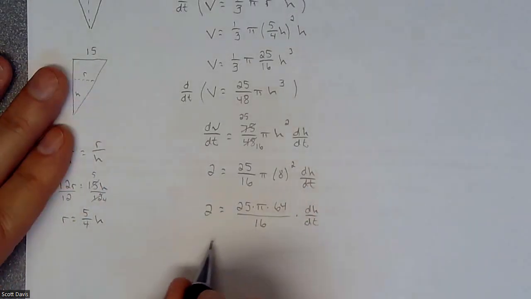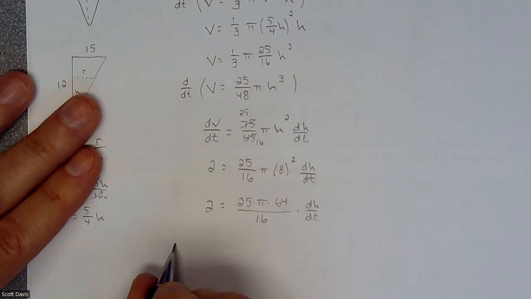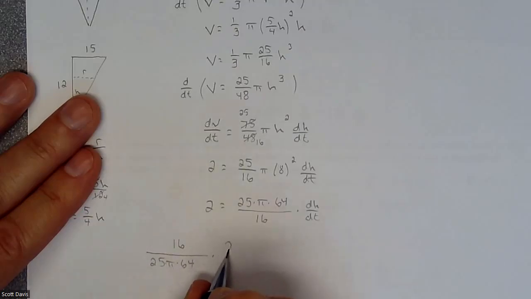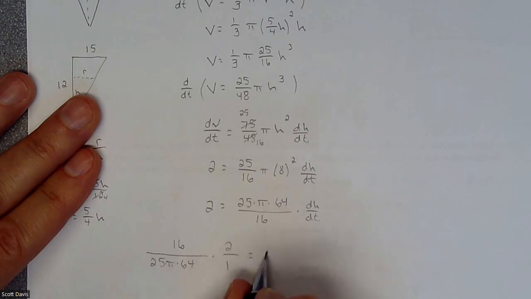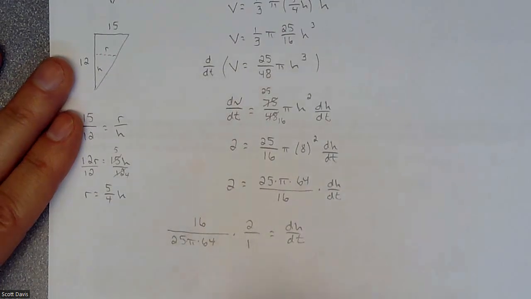So I would be dividing that over, which means I'm also multiplying the reciprocal over. So I would have a reciprocal of 25 pi 64 multiplied together times 2 over 1 would equal my dh/dt. Okay, so instead of dividing that over, I'm multiplying the reciprocal over.